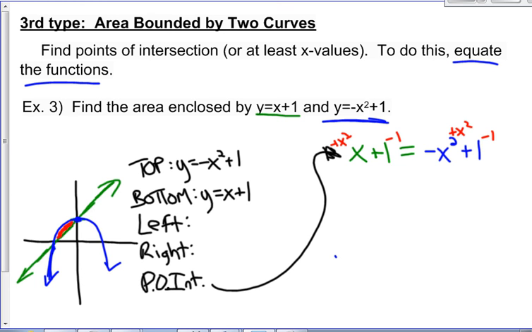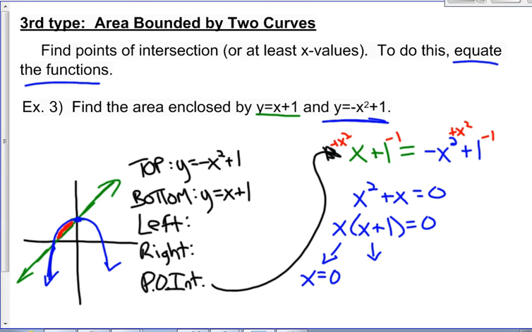That gives me x squared plus x equals 0, or x times (x plus 1) equals 0, with solutions of x equals 0 and x equals negative 1. So these points of intersection are happening at negative 1 and, as we expected, at 0.